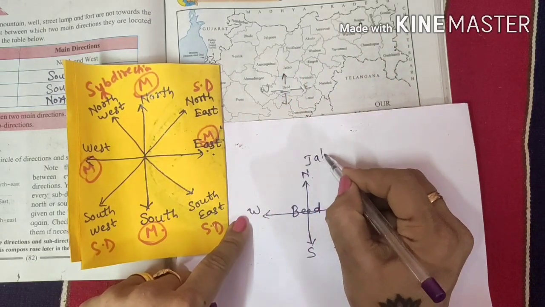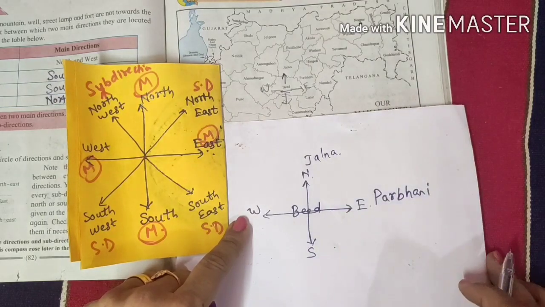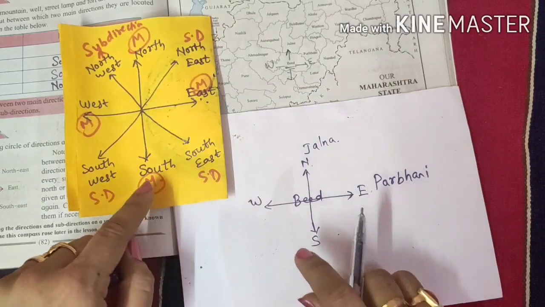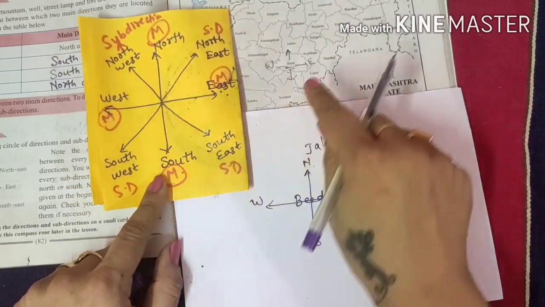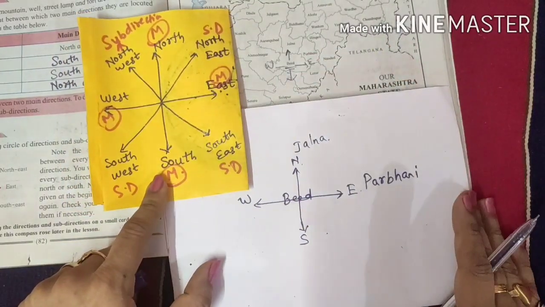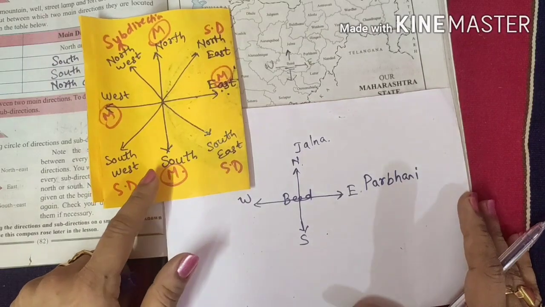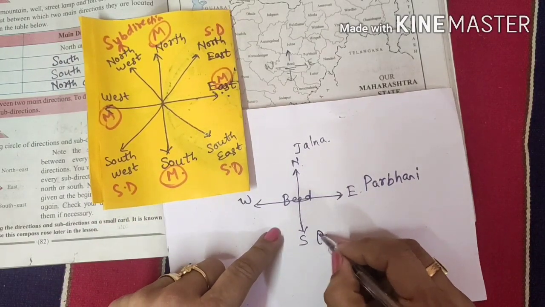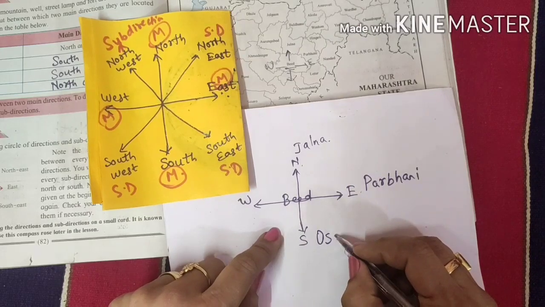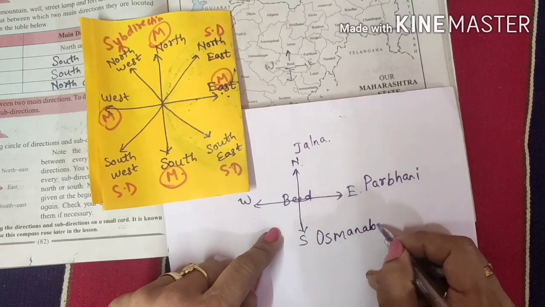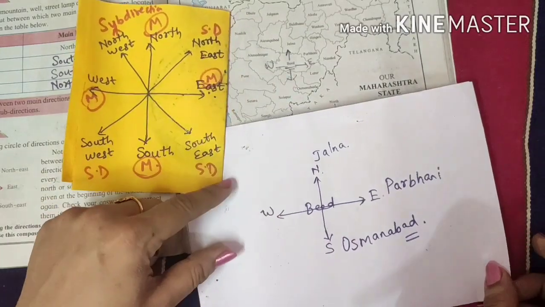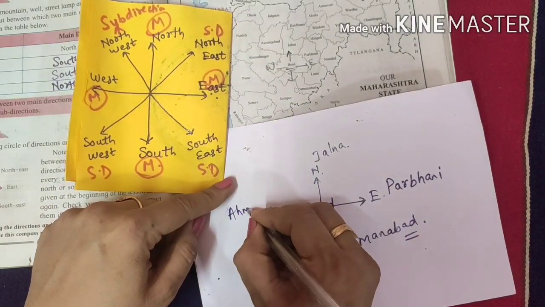It is Jalna district. Same way we are going with our south. See children, south of Beed, what is it? It is our Osmanabad. So in the south, Osmanabad district is there, and in the west it is our Ahmednagar.